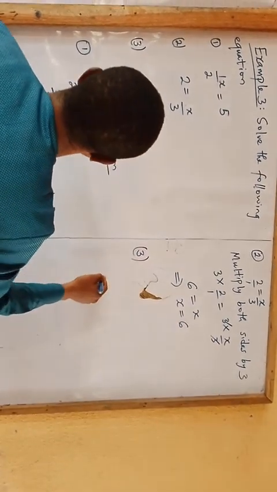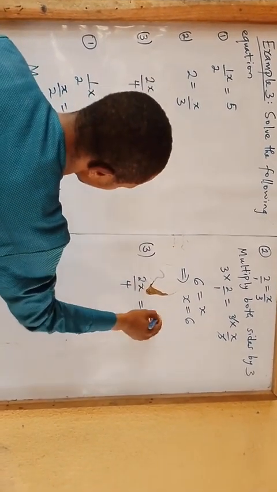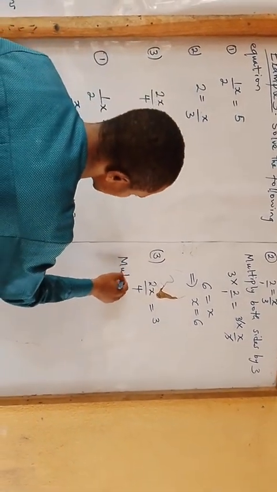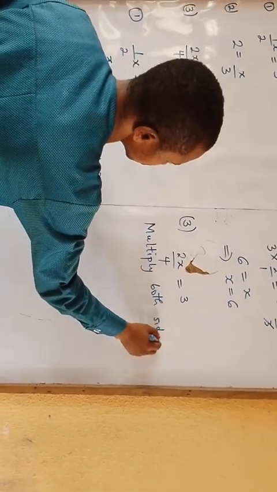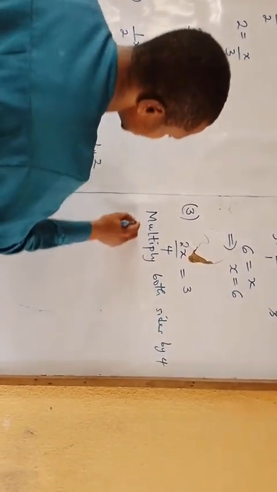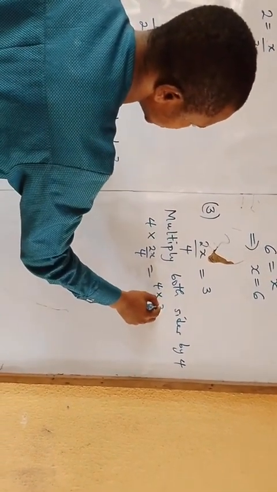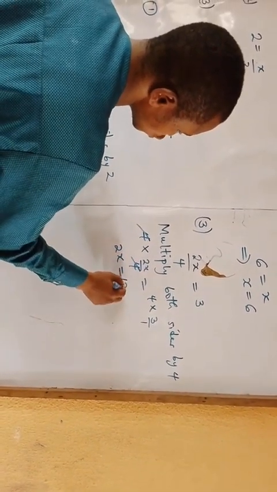Number 3. We have 2x over 4 is equal to 3. We are going to multiply both sides by 4. Then we are going to have 4 times 2x over 4 is equal to 4 times 3 over 1. 4, we eliminate 4 here, you are going to have 2x is equal to 12.